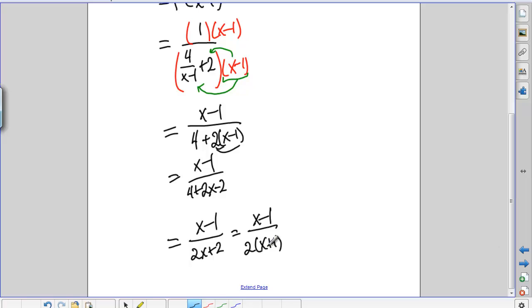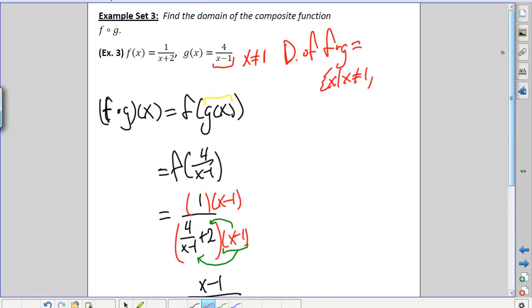Well, if you'll notice, 2 times x plus 1 in this denominator, that would mean that what x value doesn't work? That means x can't be negative 1, right? If you were to plug negative 1 into that denominator right there, it would break that fraction. So that's another exclusion we've got.